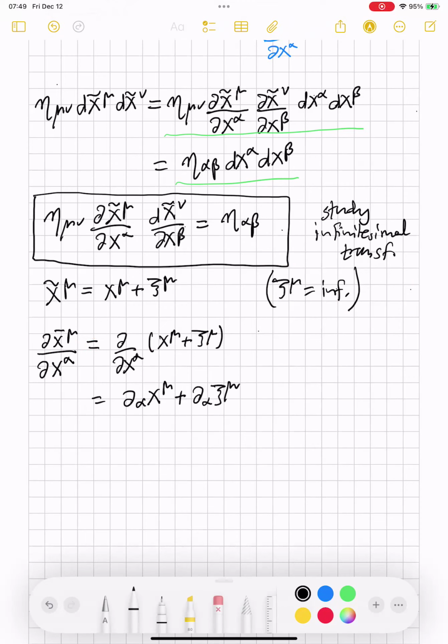No big deal here, just a change in notation. And d_alpha is always taken to be a derivative with respect to x^alpha. And then what is this equal to? Well, the first term is 1 if mu is equal to alpha and 0 otherwise, plus d_alpha zeta^mu. Great. Okay, we'll continue in a moment.